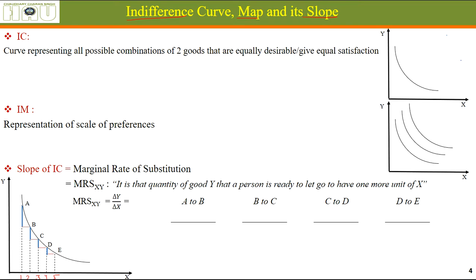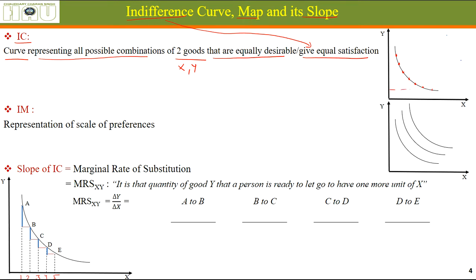Indifference curve, which is also designated by IC, is a curve which represents all possible combinations of two goods, herein good X on the X-axis and Y on the Y-axis, that are equally desirable or give equal satisfaction. This is what is meant by indifference, that a person doesn't feel different about all these combinations of goods.